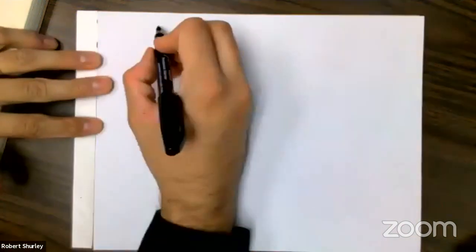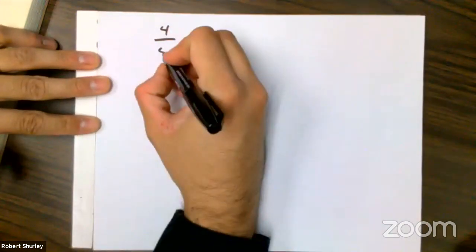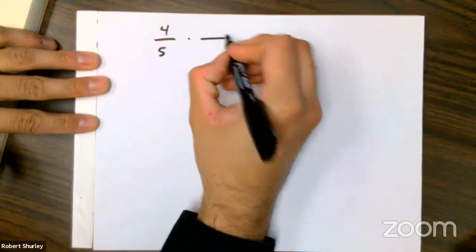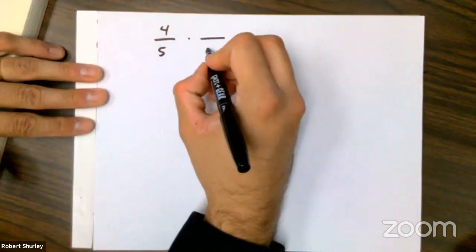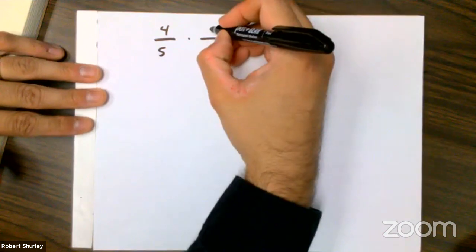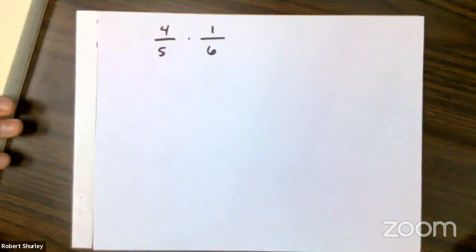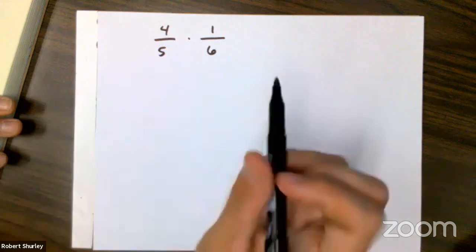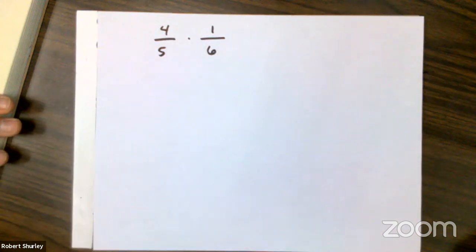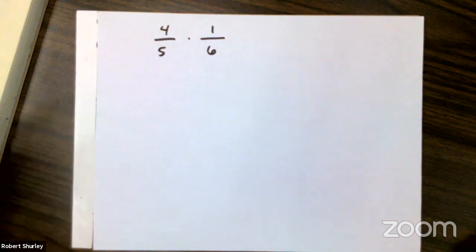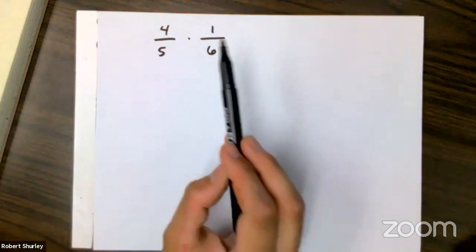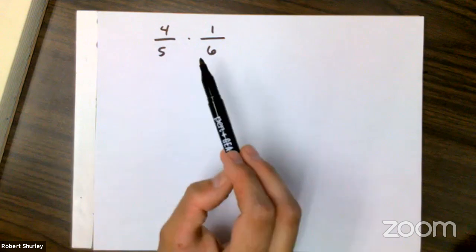If I had, let's say, 4 over 5 times 1 over 6, if I want to multiply these, really you just have to multiply across. But what I do whenever we deal with actual expressions is I factor the numbers completely.